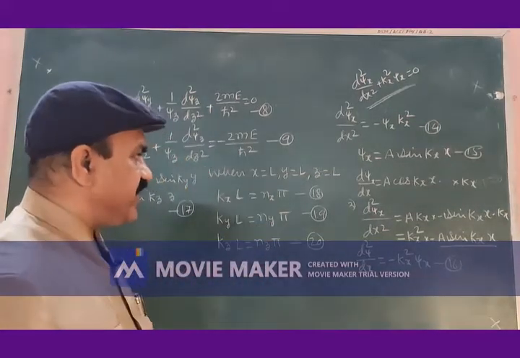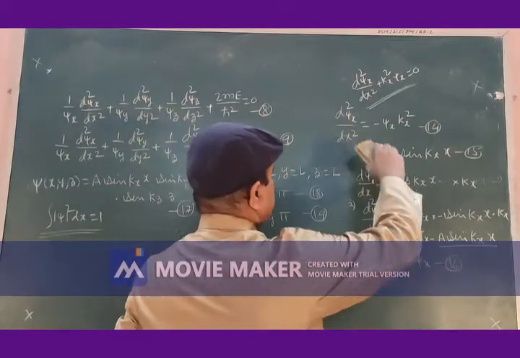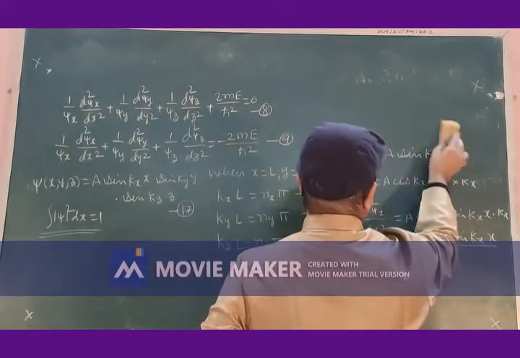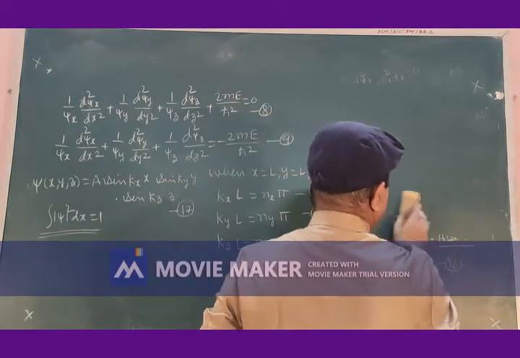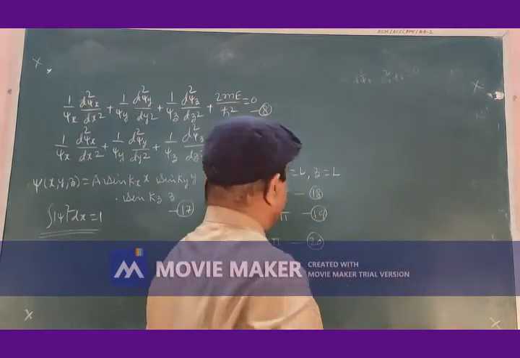Let us use equations 18, 19 and 20 further to get values of kx, ky, kz.